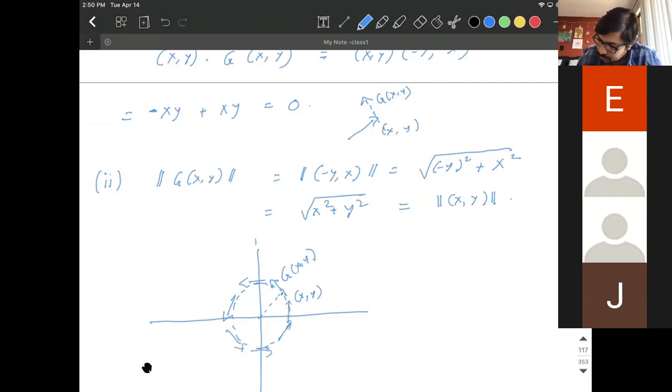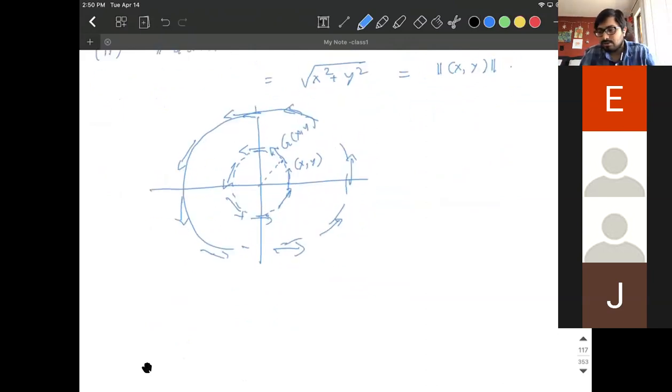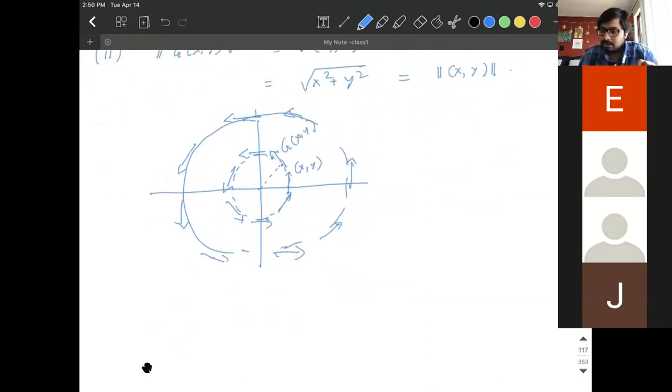So you can take bigger and bigger circles, but the direction of the vector field would be exactly the same, etc. So it rotates the plane R2.